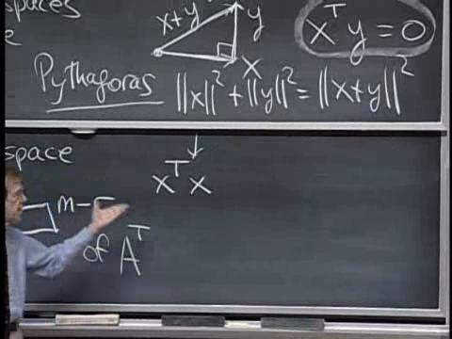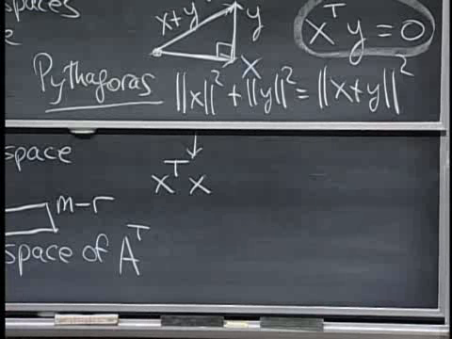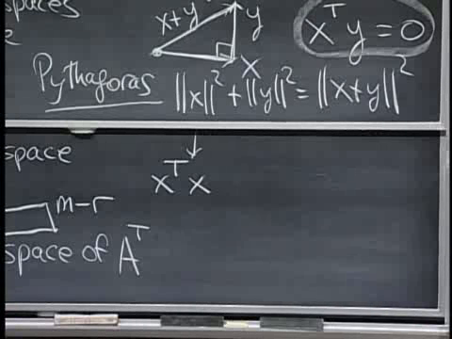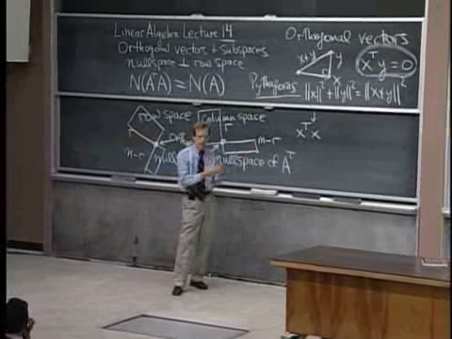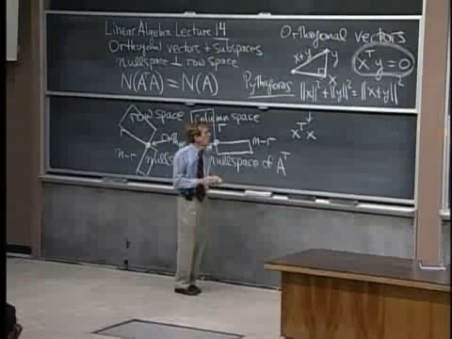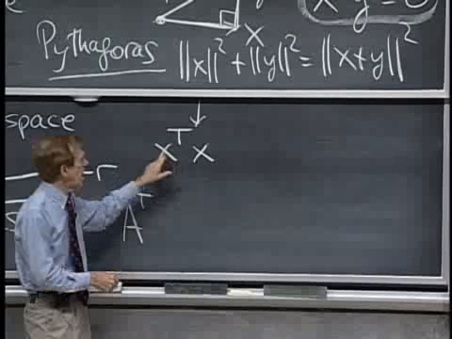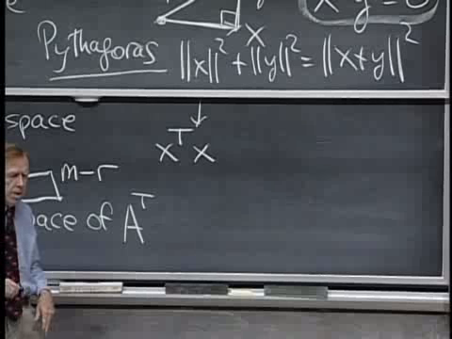Whenever I see x transpose x, I know I've got a number that's positive. It's a length squared, unless x happens to be the 0 vector, that's the one case where the length is 0. So this is just x1 squared plus x2 squared plus so on plus xn squared.